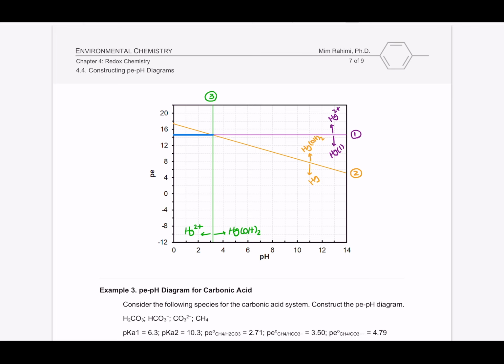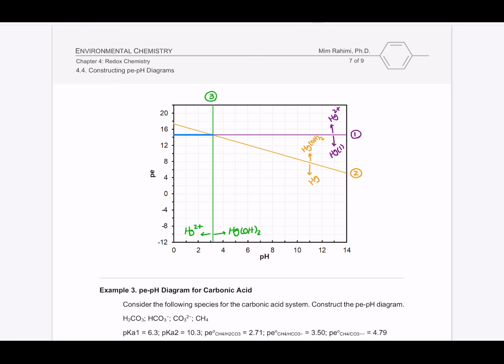So again, let's use line 3 to trim line 2. Again, this is the territory of HgOH2, and this is the territory of Hg2+. This orange line is passing through both territories. And this line, starting from here, any reaction that doesn't involve Hg2+ doesn't make sense. And this line is only representing Hg liquid and HgOH2.